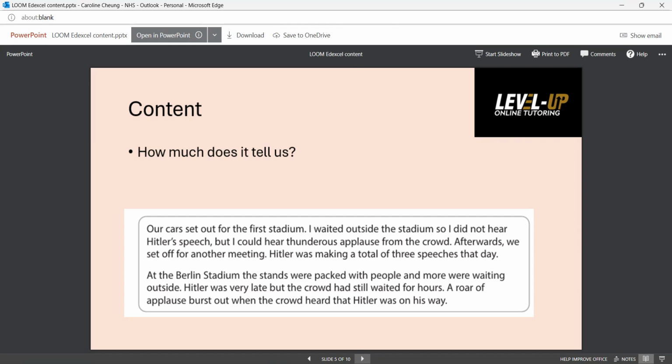But be a bit careful with going down the road of what it doesn't tell us, because don't forget, these are quite short sources. There's only so much we can expect it to tell us. So maybe I'd mention in passing, I'd say, although the source does not say what's in Hitler's speeches, which isn't particularly useful, it is useful in that it tells us that they were very popular.